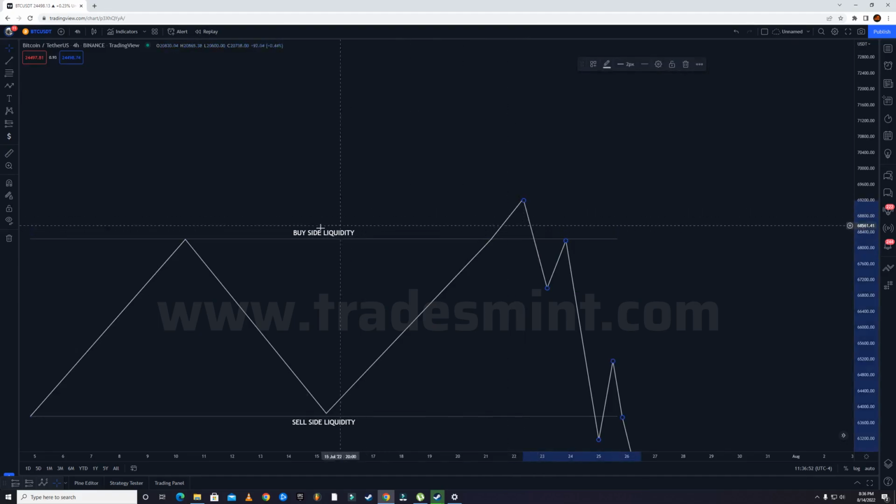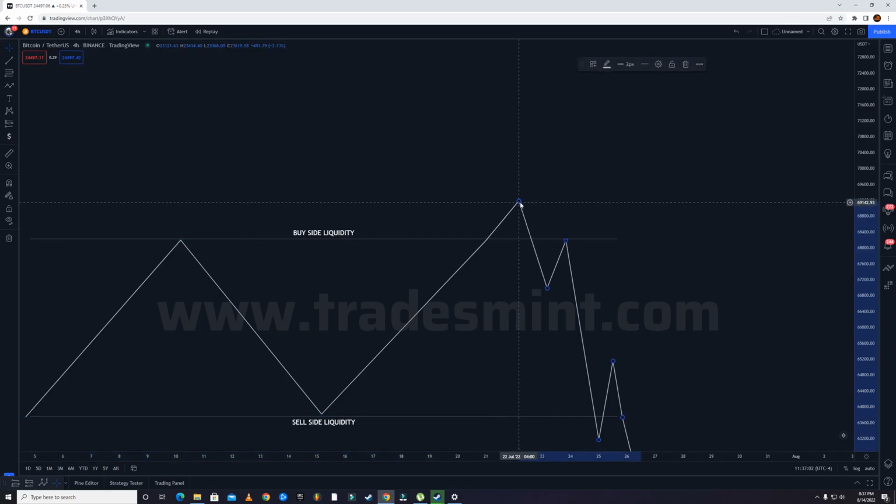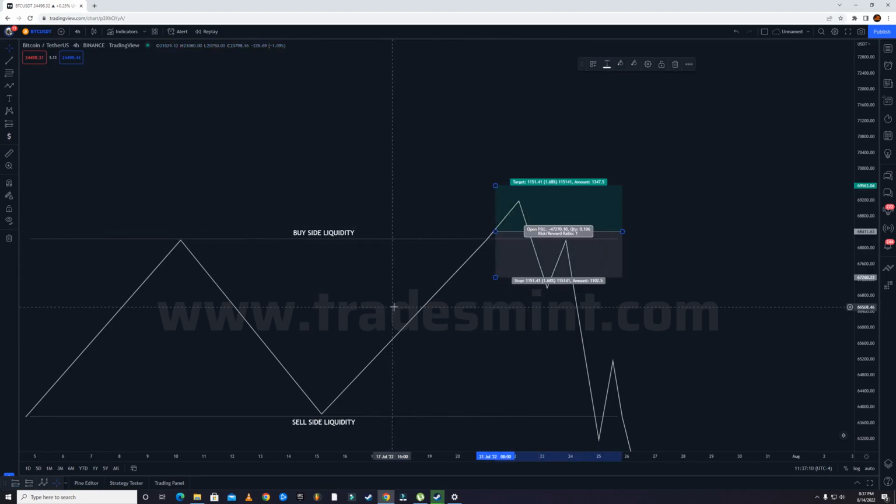But then why am I calling it a buy side liquidity? Let me explain it to you very easily. All right, so when price breaks out, the breakout artists, people who trade breakout patterns, are going to buy once the resistance level is broken, right?